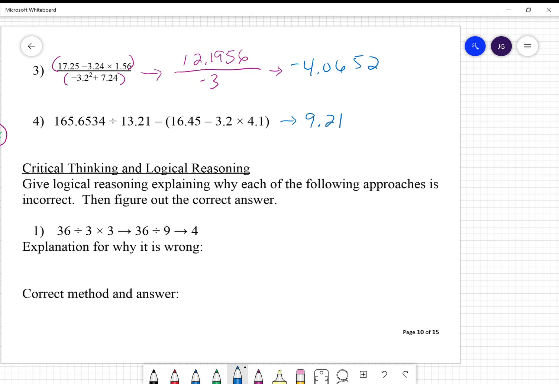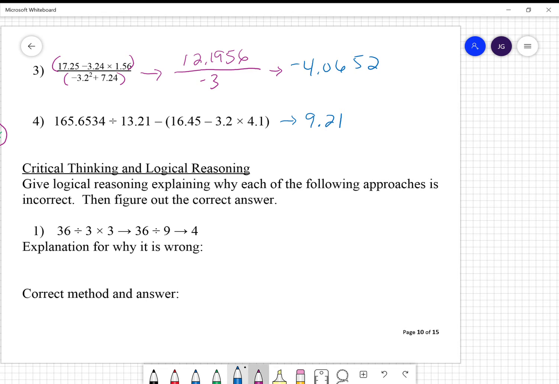Okay, in this next part, we're looking at critical thinking and logical reasoning. So they are telling you that the solution to the problem is wrong. You are supposed to explain why it is wrong. 36 divided by 3 times 3 would lead us to 36 divided by 9, which is 4.